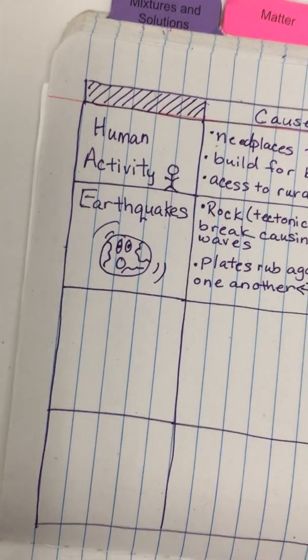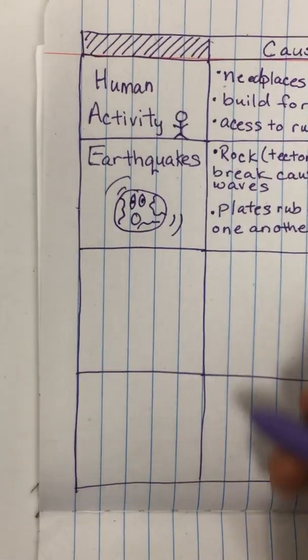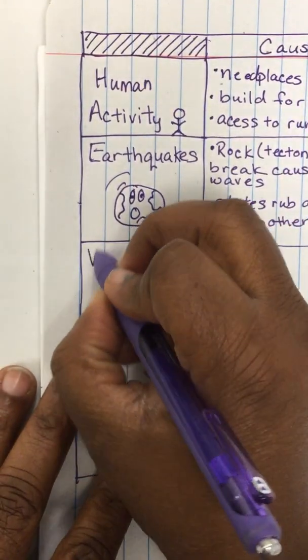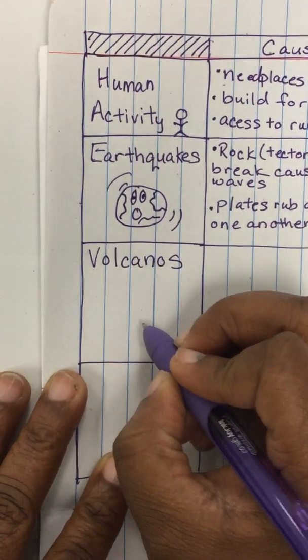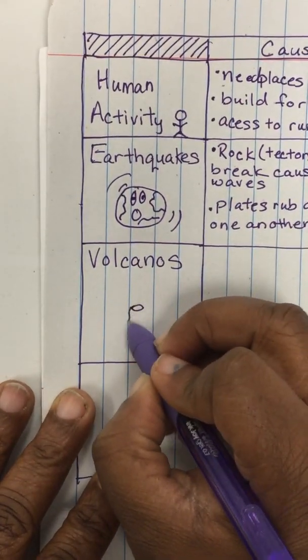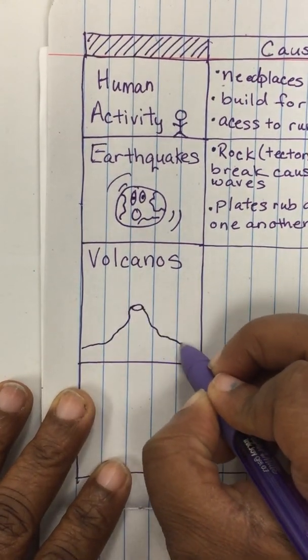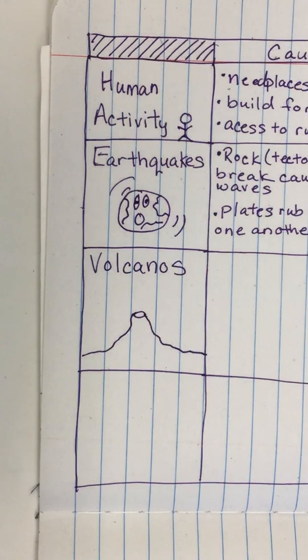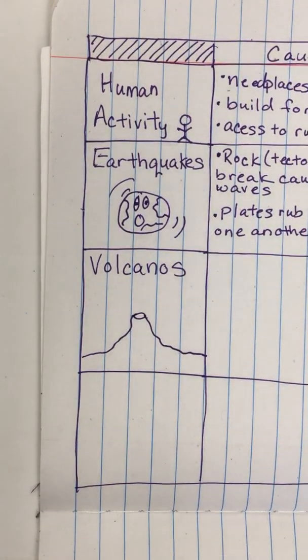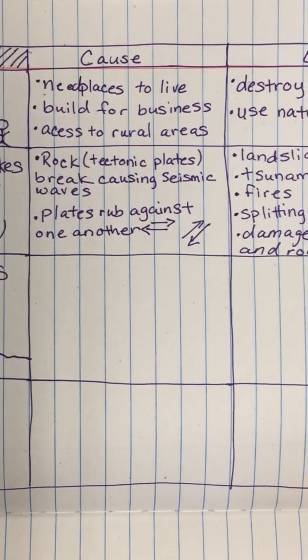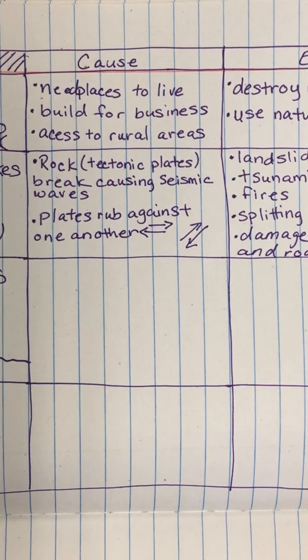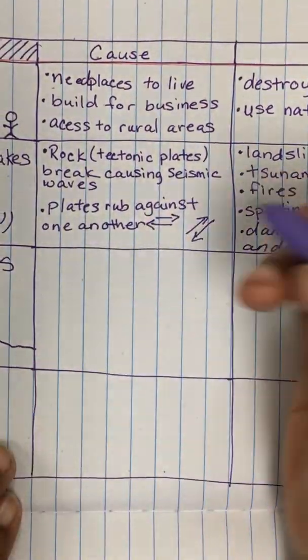Our next one, I have to sort of pull back a little bit, 1 second, is going to be, let's do a volcano. And we'll draw a quick volcano. Causes of our volcano. This is going to be more of a paragraph, sorry.